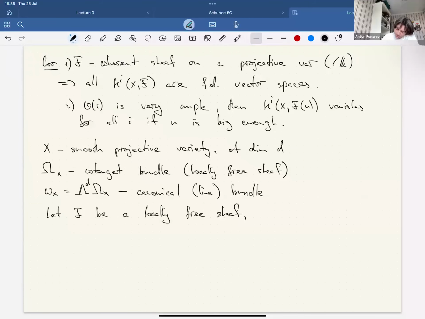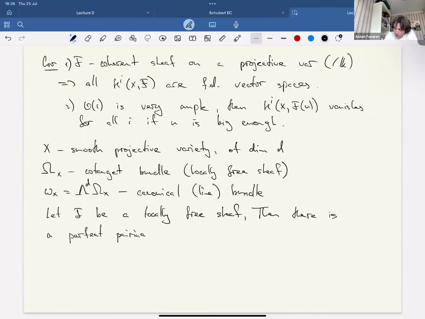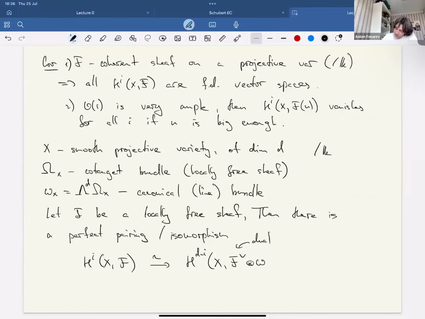So if F is a locally free sheaf, then there is an isomorphism between Hi on X of F. So this will be again over a field K, say algebraic, say over C. Then there's an isomorphism between Hi and H d minus i on X of F dual, this is the dual, times omega X. And this is what it's called in its simplest form, Serre duality.